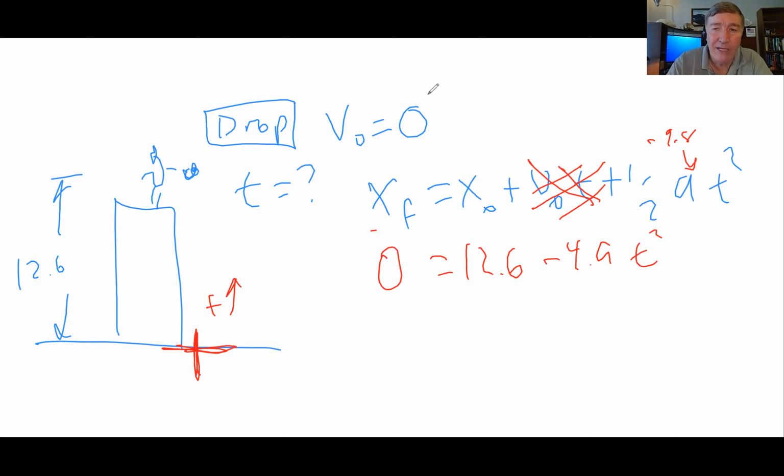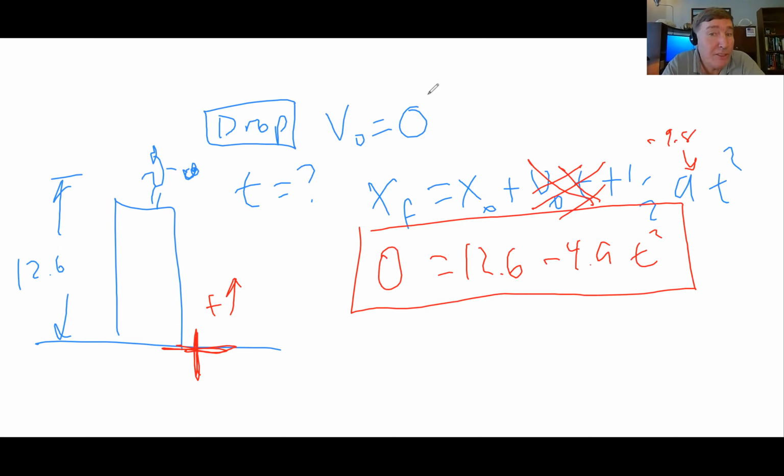So if I look at this, I say, well, I could solve that using the quadratic formula. I mean, there's no reason in the world I couldn't use the quadratic formula. I could put in A equals negative 4.9, B equals 0, C equals 12.6.